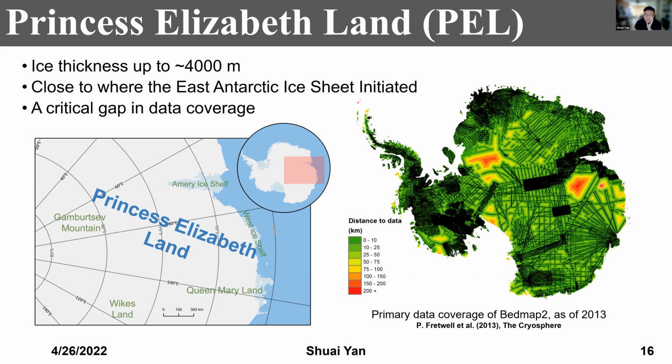So it's a very critical gap in our data coverage. We had no idea about what is going on beneath the surface of the ice sheet. But we did have a quite decent observation of the surface of the ice sheet from satellite. And that is where this story started.